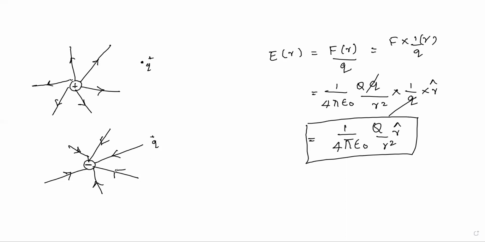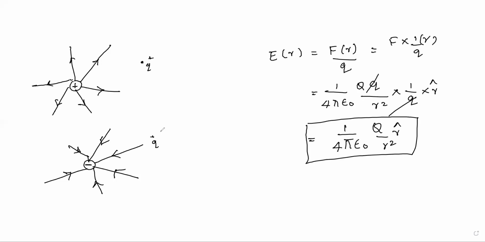Got it? If both charges are positive, the direction will be radially outward. What is radial? In all directions. It is outward because it is repulsive. If we take this as negative and this as positive, the force will be radially inward. This is a property of electric field.